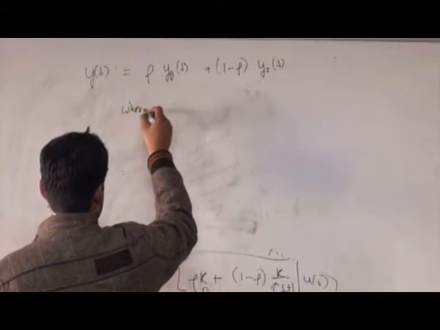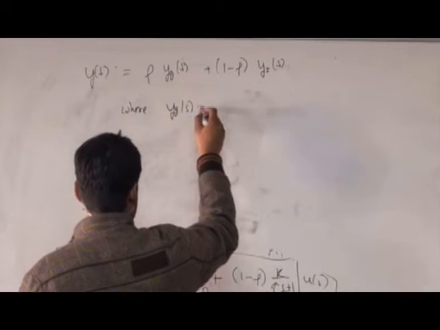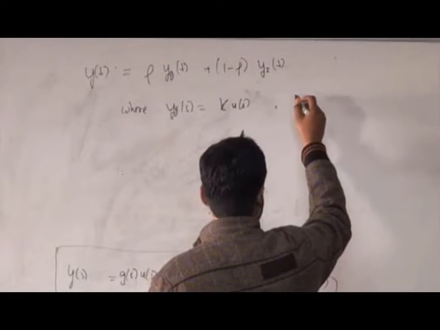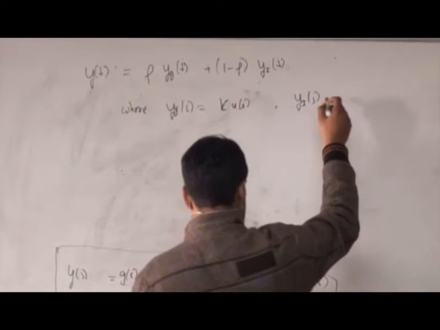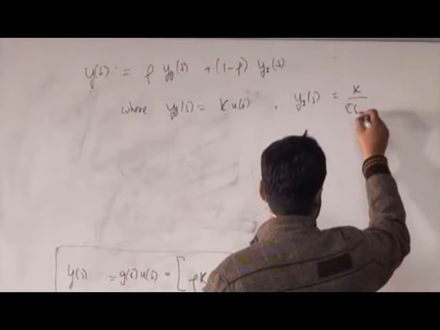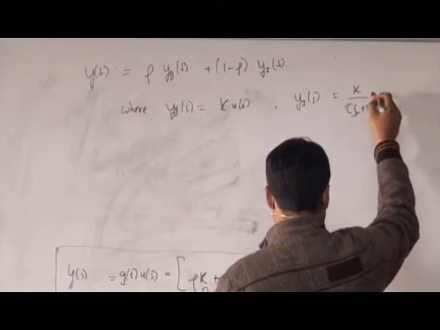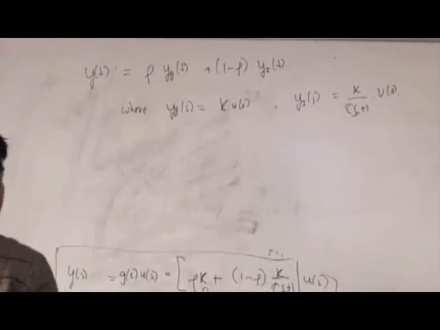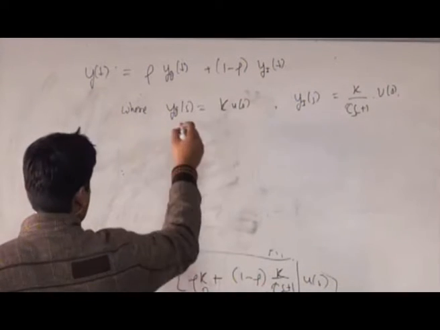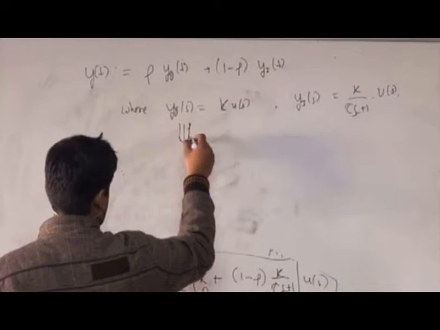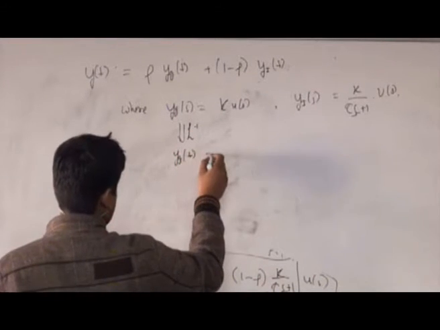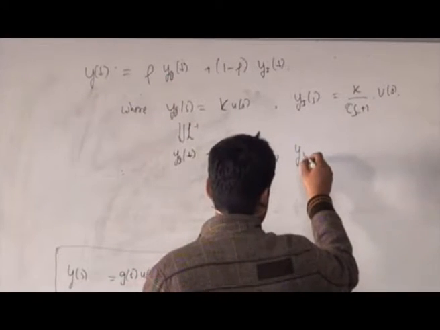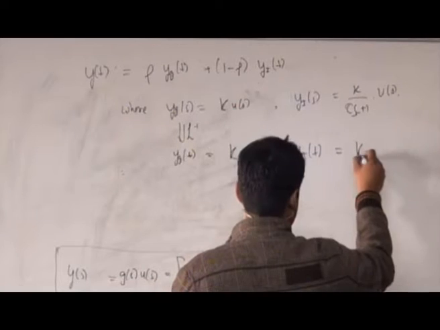Where your Y_g(s) is K U(s) and Y first order system is this. The Laplace inverse of this one will give me y_g(t) equal to K, and y_1(t) will give me this.